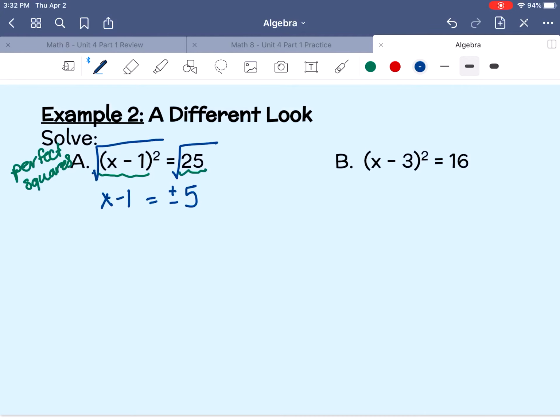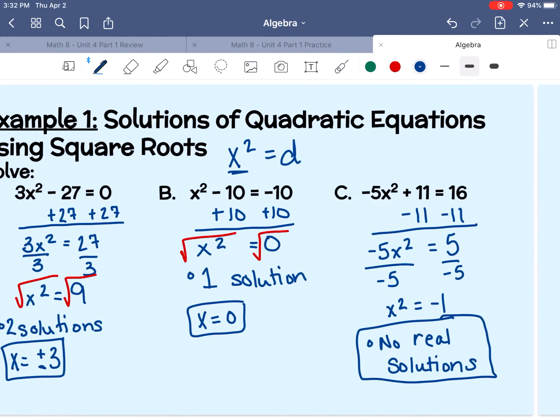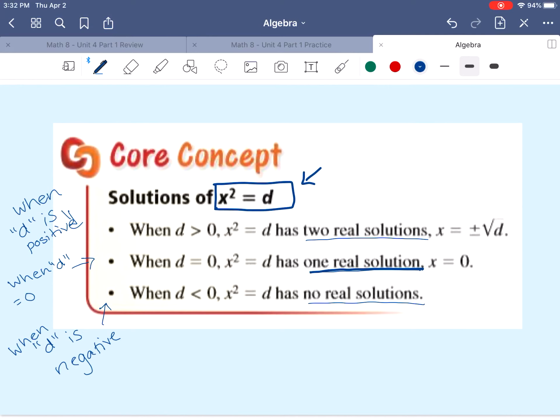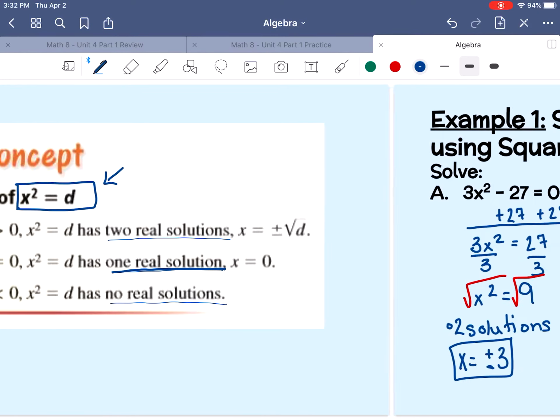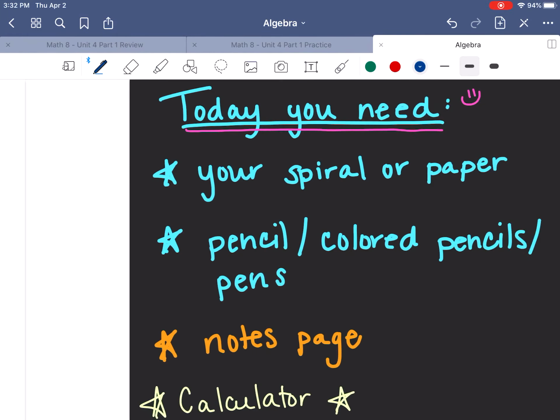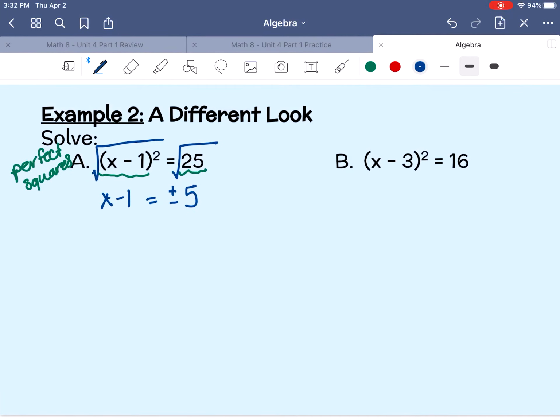So remember, all the way back here, when our d value is positive, we're going to have two solutions. So looking here, our d value is positive 25, so we do have two solutions. The first one, x minus 1, could equal positive 5.